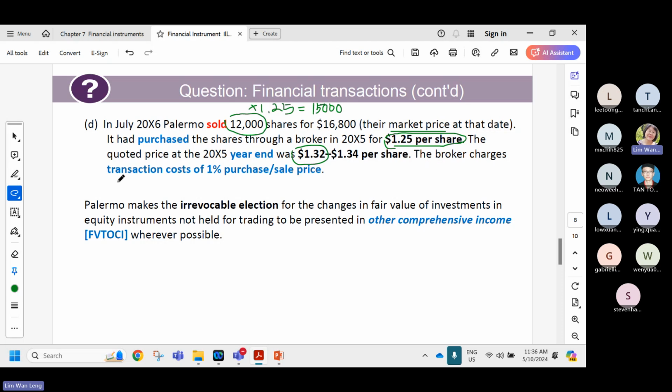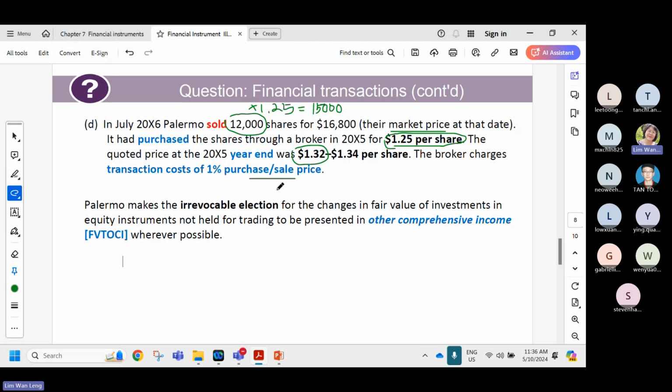The broker charges transaction cost of 1% on purchase or on sales price. So this means, when you buy the shares, you will be charged 1% as brokerage. When you sell, you also have to pay 1%.